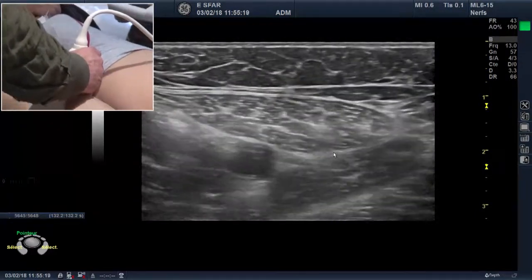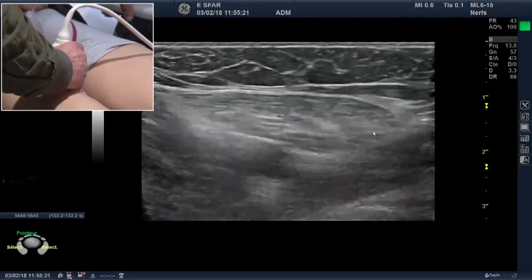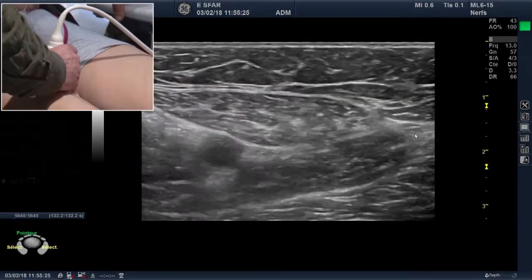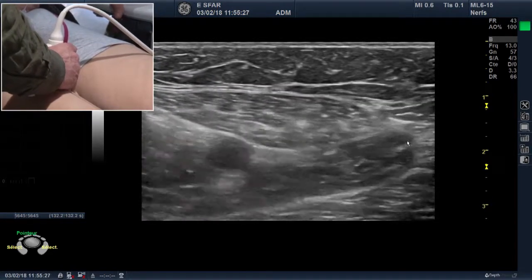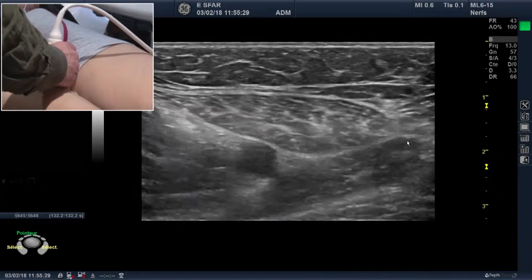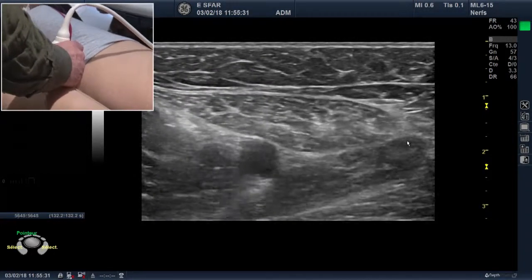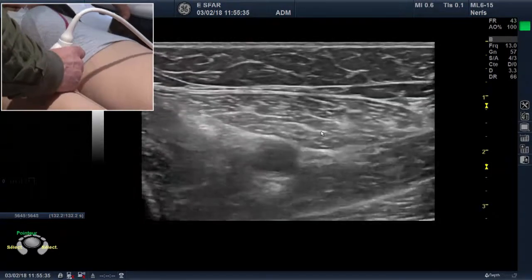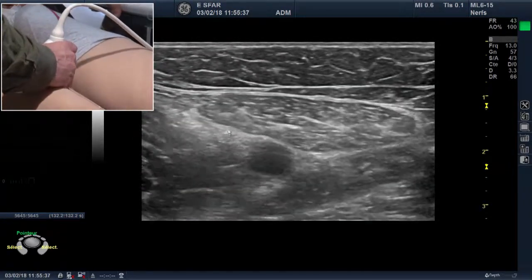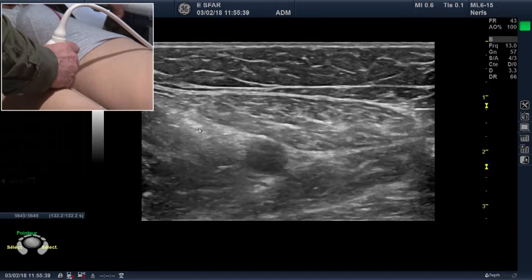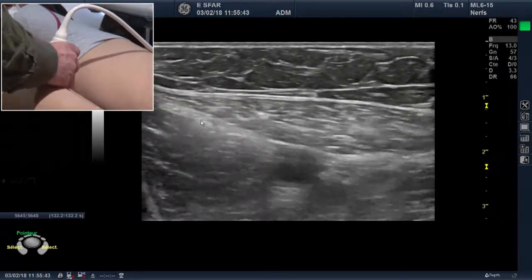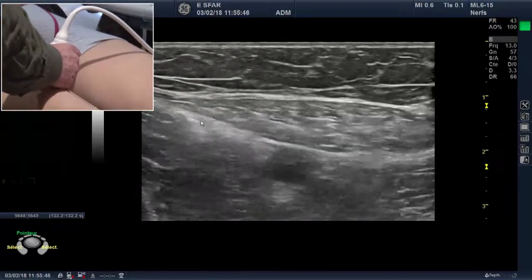And at this level, when the medial edge of the sartorius is crossing the medial edge of the adductor longus, we are entering literally in the adductor canal. And you see that in some cases, and in this case, it's possible to see the white area here is becoming thicker. It is the adductor membrane.